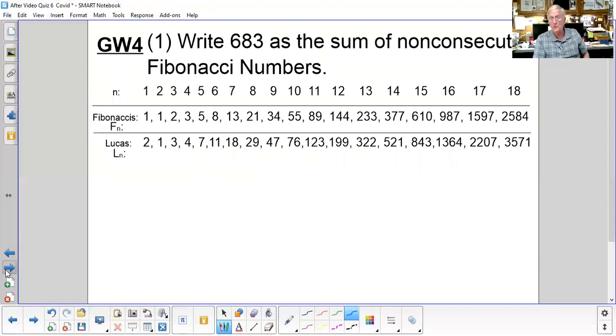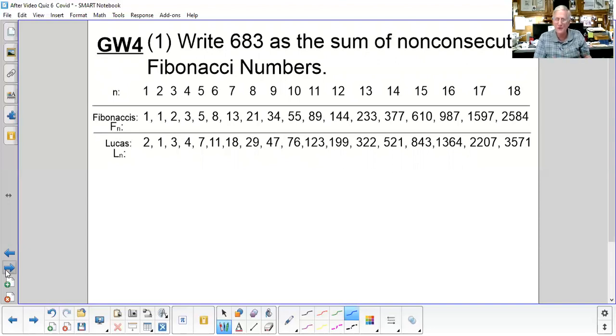So now I'm up to where it says group work 4, which is your homework. All right, so I'm going to stop here now, and I'm going to ask you to do these problems on group work 4, which is the second 2 pages on the PDF of group work 4B, all right?